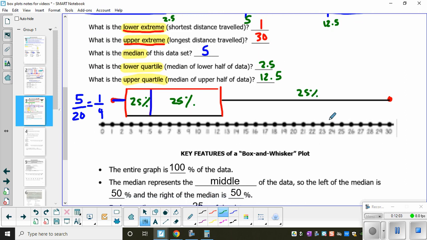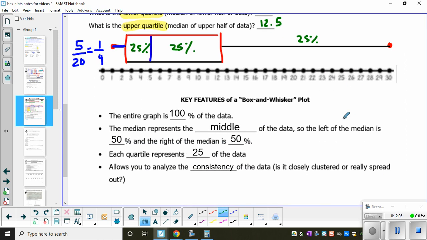Okay. So to summarize the key features of your box and whisker plot, the graph shows 100% of the data. The median is in the middle, and what that does is it means that half the data is to the left, which is this 50%, and then this 50% is above it to the right.